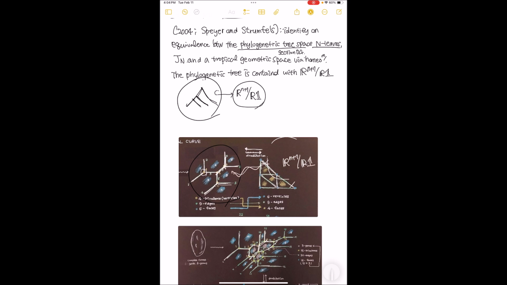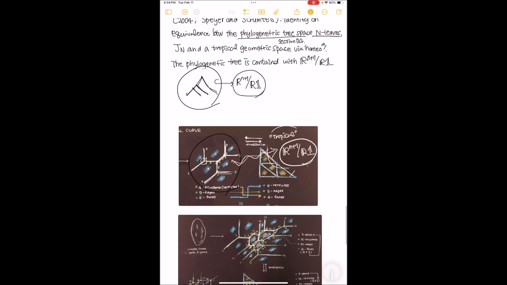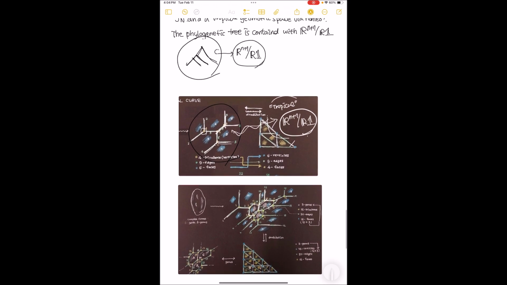Because this is contained, the name tropical is quite reasonable.